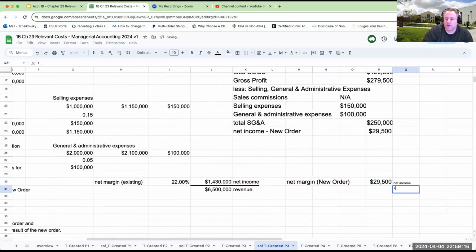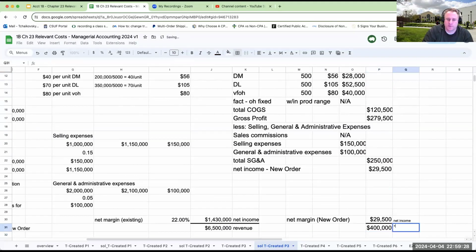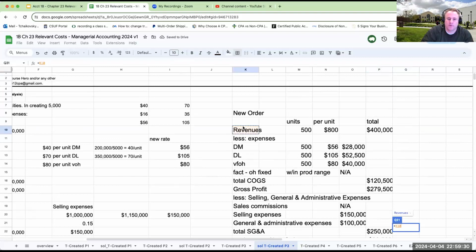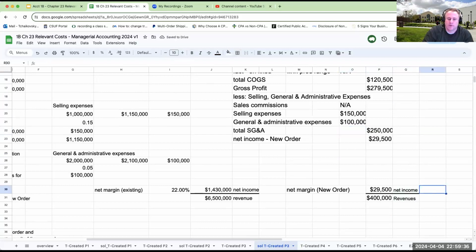So coming over here, my net income for the new order was, I'm in shell shock, and it's a Blue Monday. So over here, 400,000, right? That's going to be the revenue for the new order. So the net margin for the new order is roughly 7%.